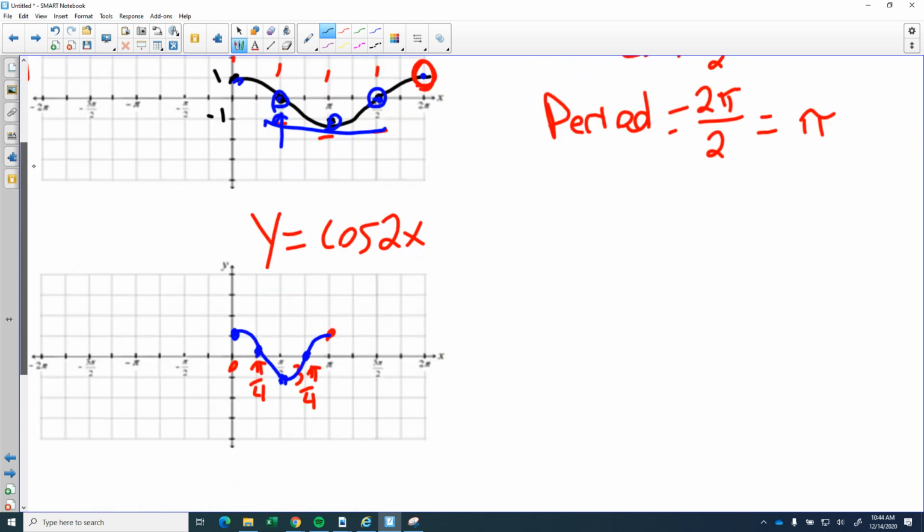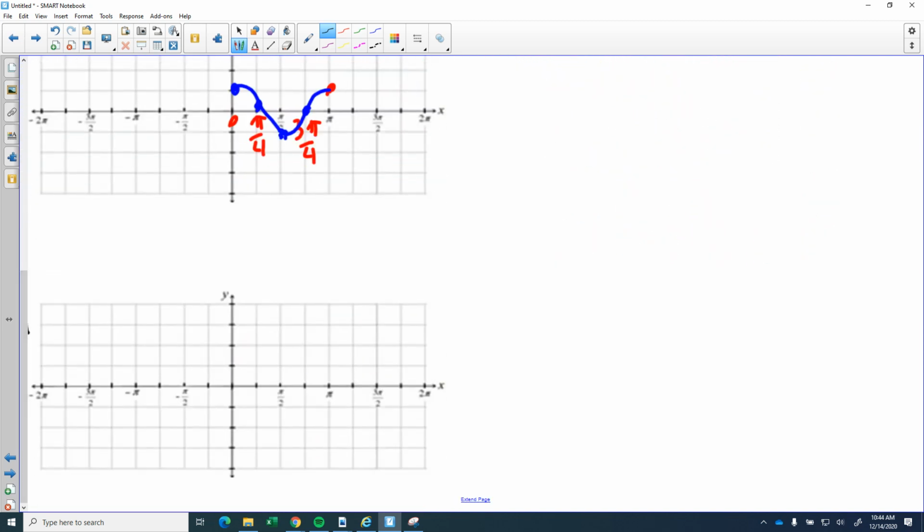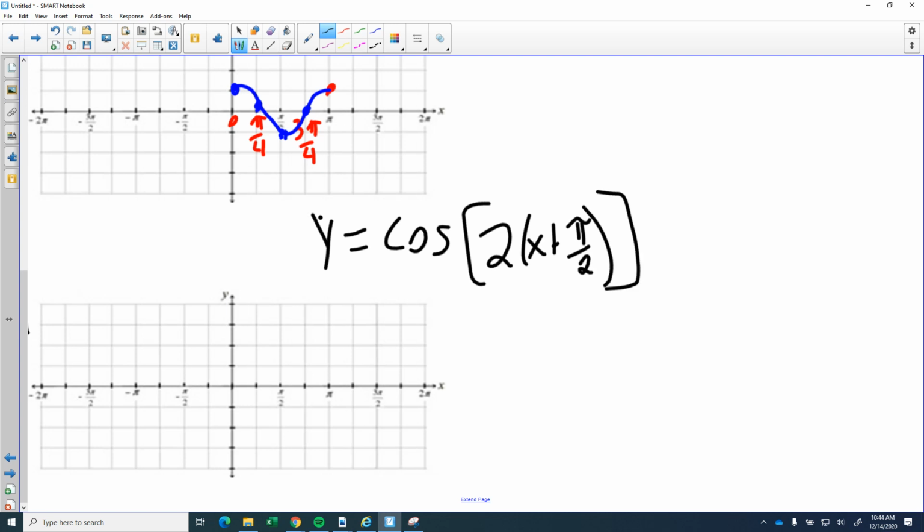If I rewrite the original function, it's y equals cosine of 2x plus pi over 2. Currently, we have this graph here, which is a description of just cosine of 2x. But now in this last one, I have to apply this left pi over 2 motion.